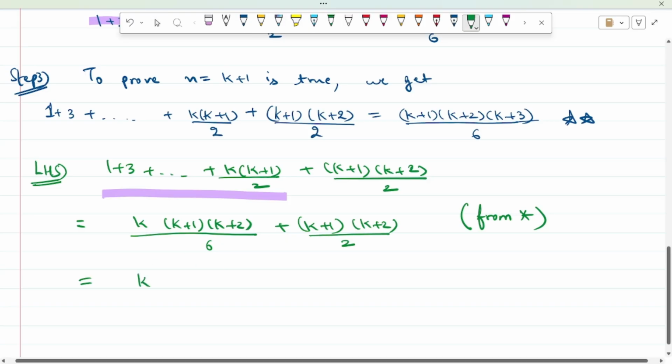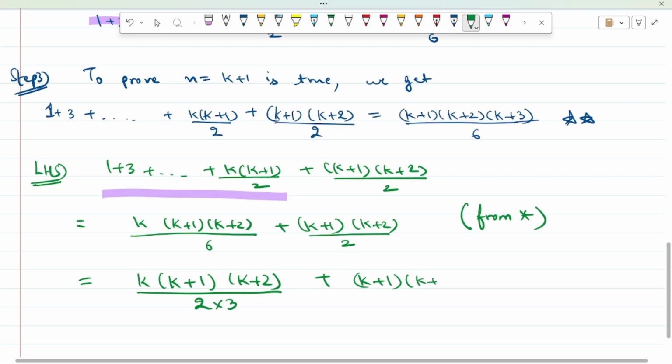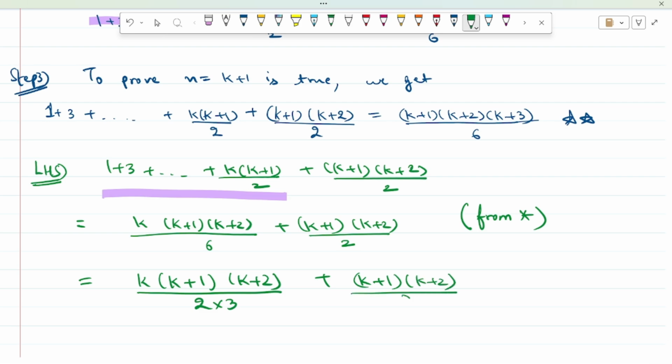Now in the next step, let's rearrange k plus 1, k plus 2. 6 is 2 times 3. You have k plus 1 over here, you have k plus 2 over here, and then there is a 2. Let's pull out the common terms. What we require is k plus 1, k plus 2, k plus 3.